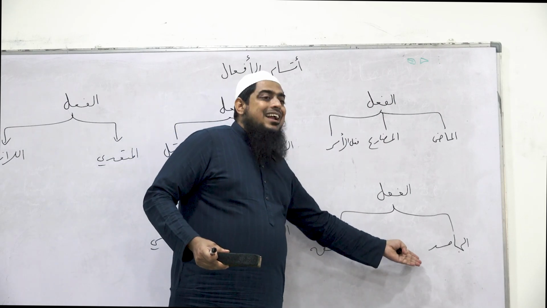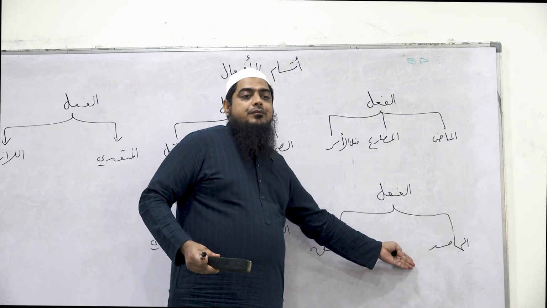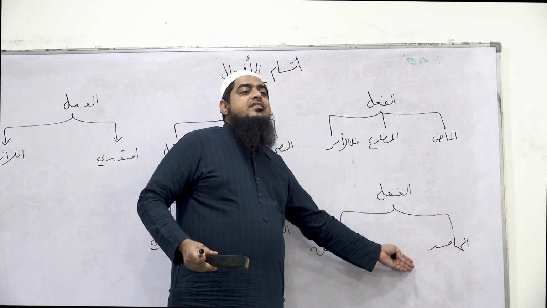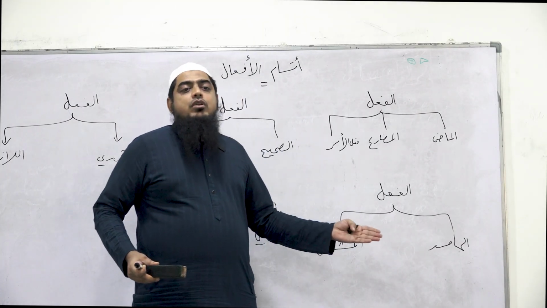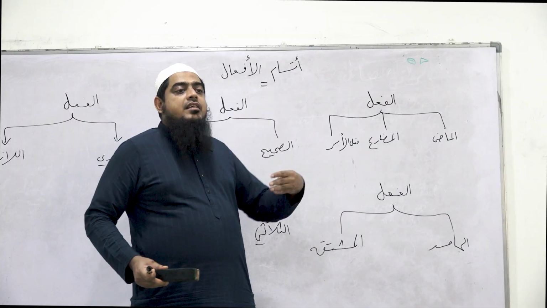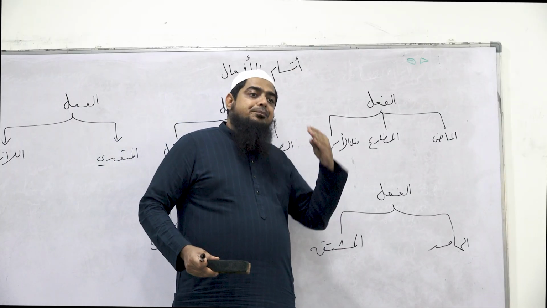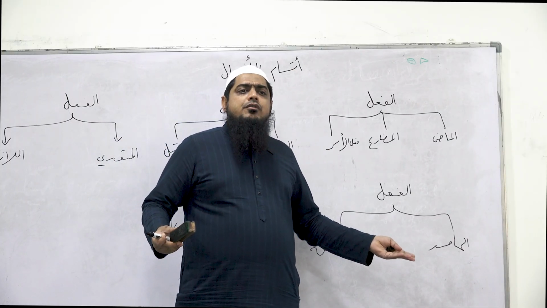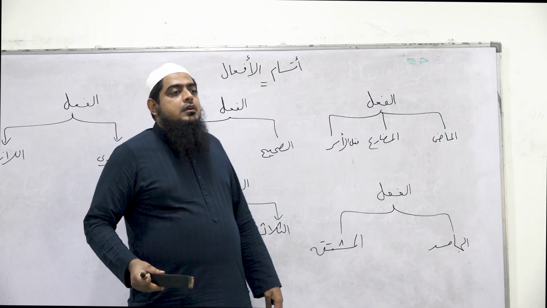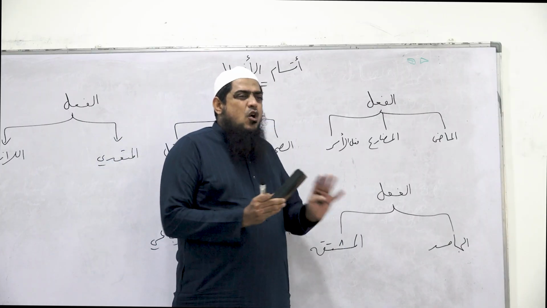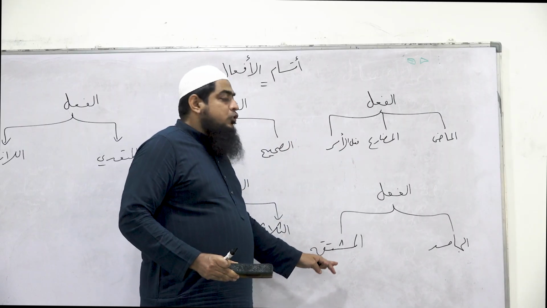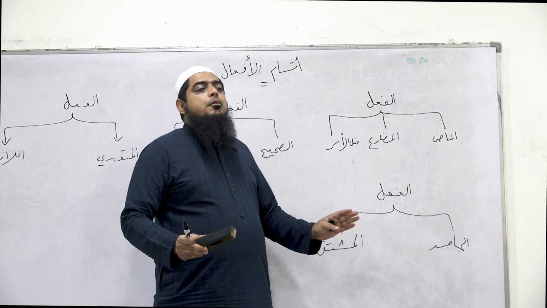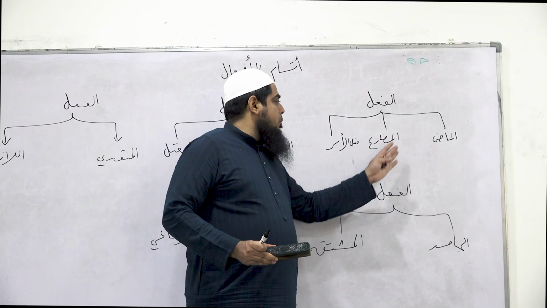So this is a kind of irregular fi'l. The best example for this is laysa. Laysa, laysa, laysu, laysat, laysata, laysata. Lasna, lasta, lastuma, ila, lastu, lasna. What's the madi for that? We don't have madi. So al-jamid meaning constant. You have only one face, that's it. Al-mushtaq is a proper verb where you can conjugate madi, mudari, fi'l amr, everything.